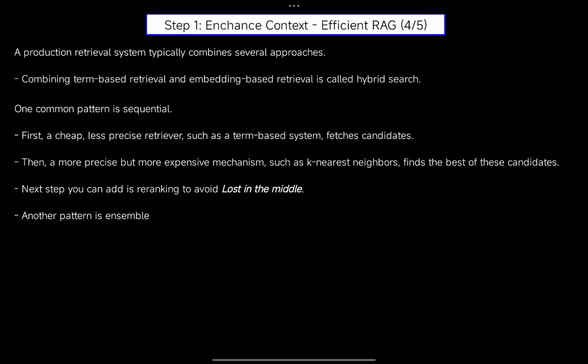Now there is the second step. We will use a more precise but more expensive mechanism such as k nearest neighbors, and that will find the best out of those retrieved contexts, right? If I again give you the example of transformer, that transformer can be a movie, it can be an electrical system, or it can be based on the attention mechanism also, right?